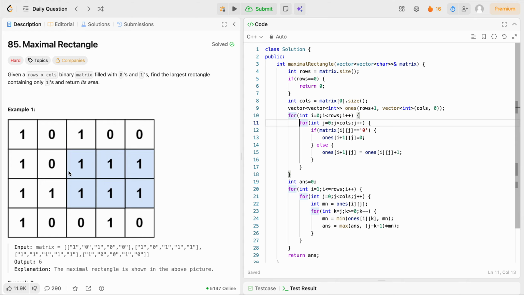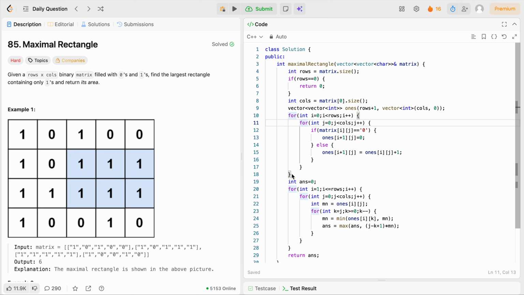At every index i and j, for example, here we calculate that there are three ones at this index. Similarly, here is two, here is one, and like that. So first we calculate how many ones are there, and then how many ones are continuous in this direction, right?